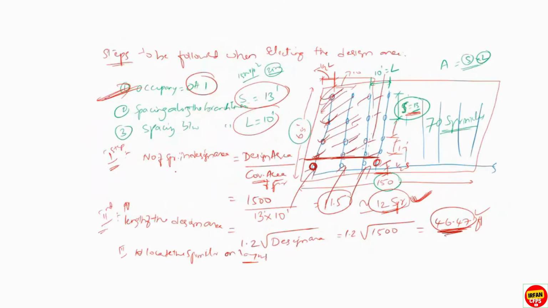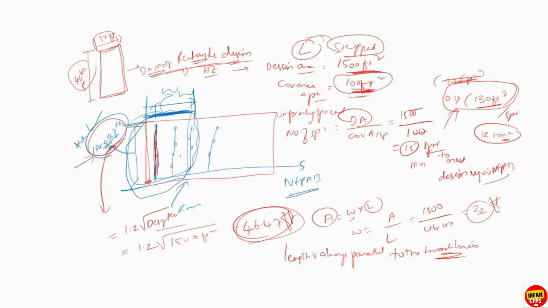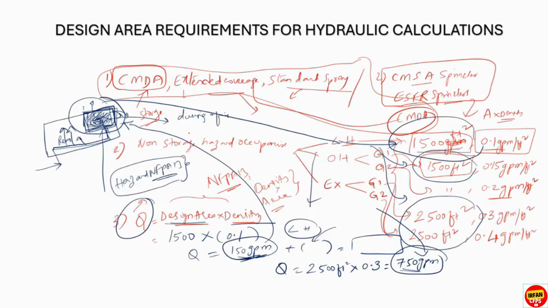The design area concept is the same, but the design area selection is different if you have quick response sprinklers, high temperature rated sprinklers, a pre-action sprinkler system, or a dry system. The concept is the same, but the design area varies.